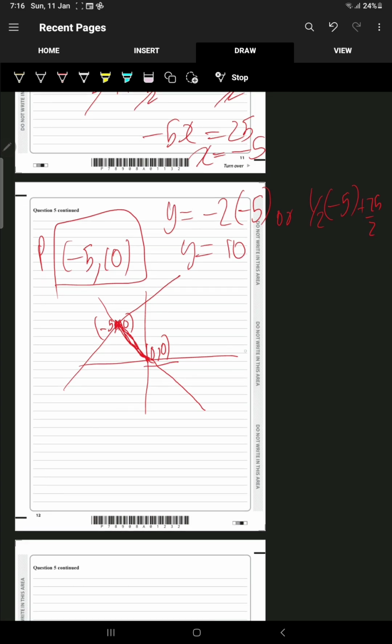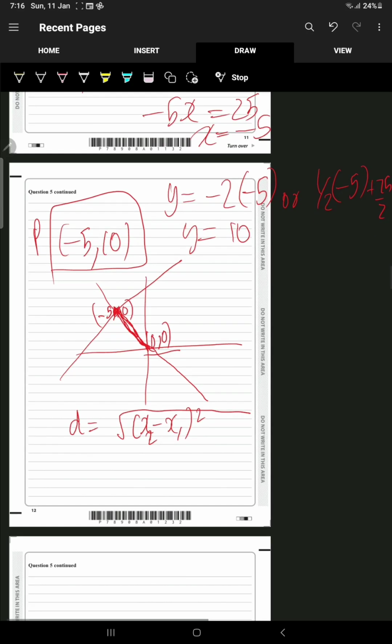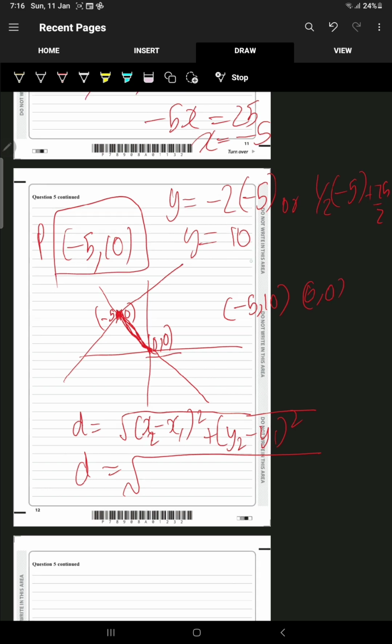The distance formula is going to be the square root of x2 minus x1 squared plus y2 minus y1 whole squared. You just need to sub in the points. This is minus 5, 10, and this is 0 and 0.